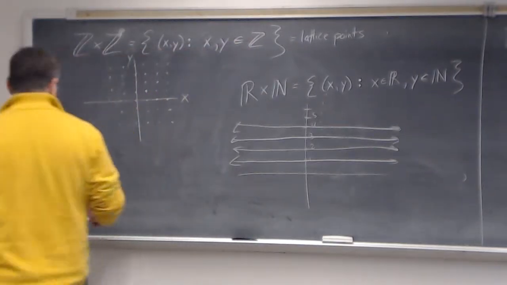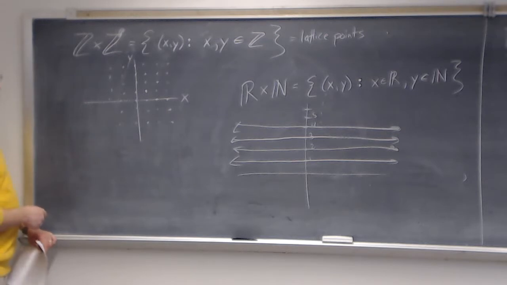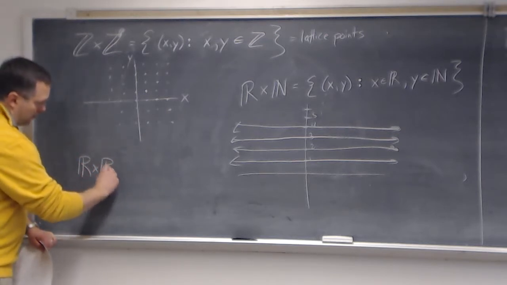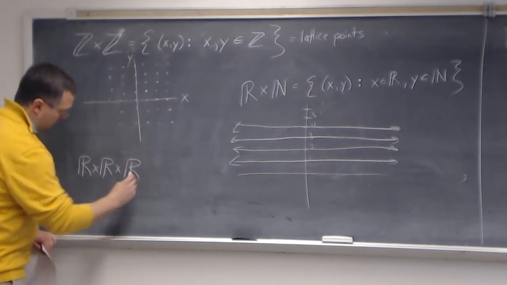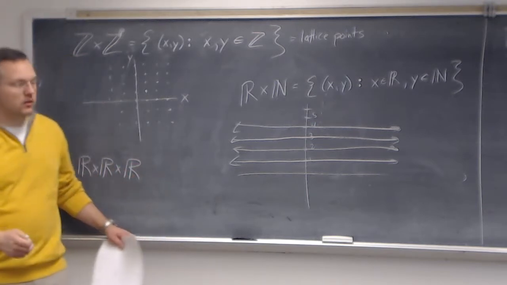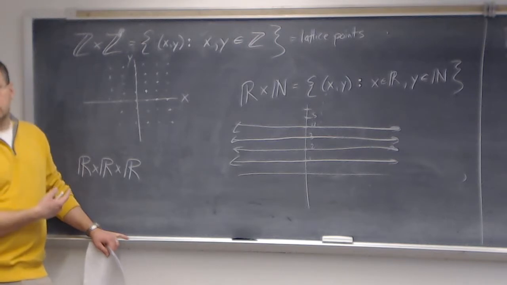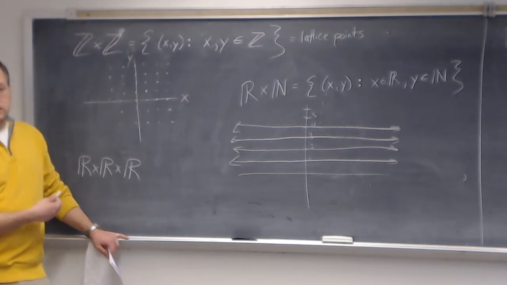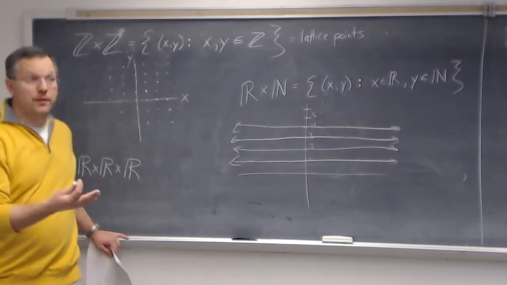So I didn't define the Cartesian product of 3 sets, but if you take Calc 3, you'll run into this set, R cross R cross R. This is what we represent by 3-dimensional space.